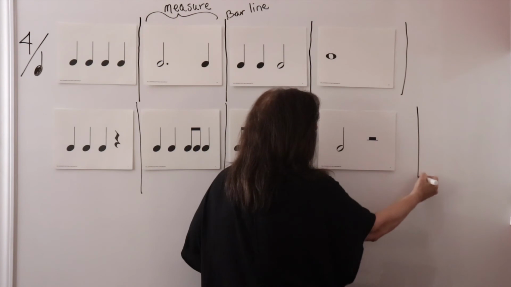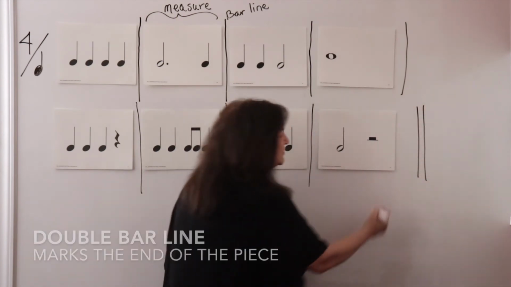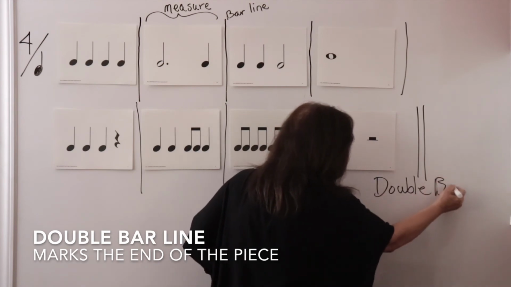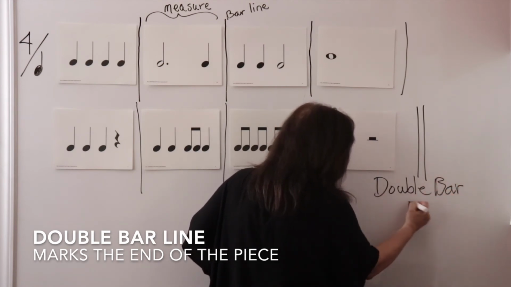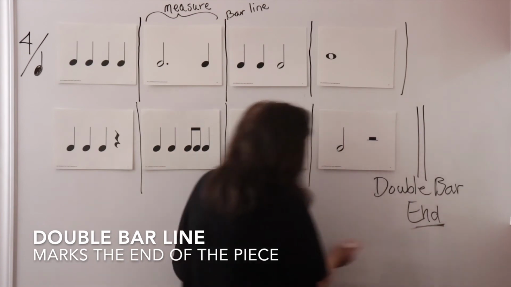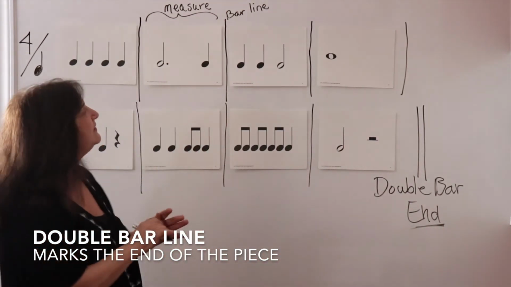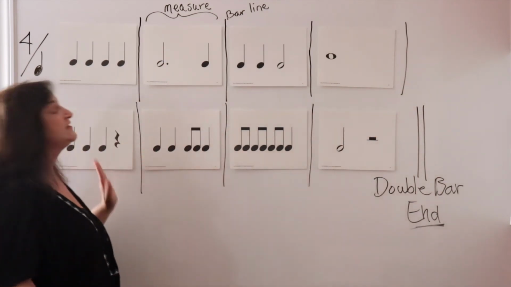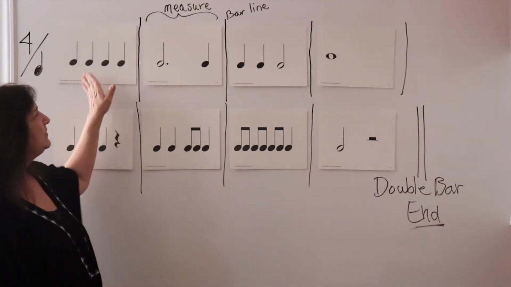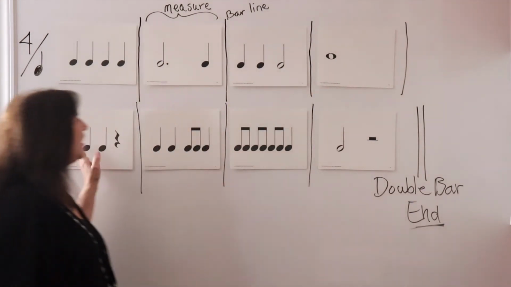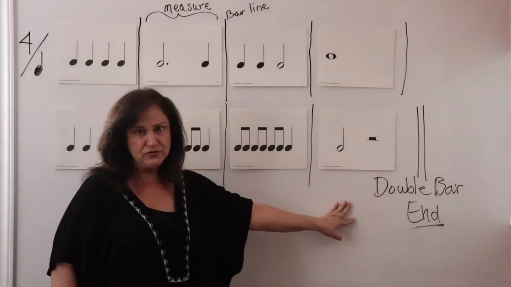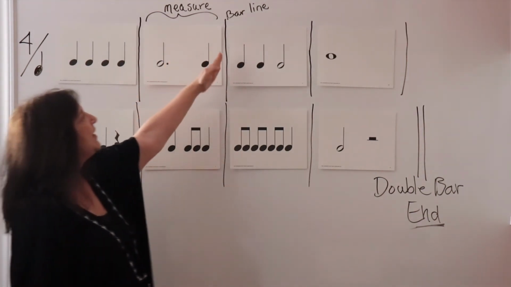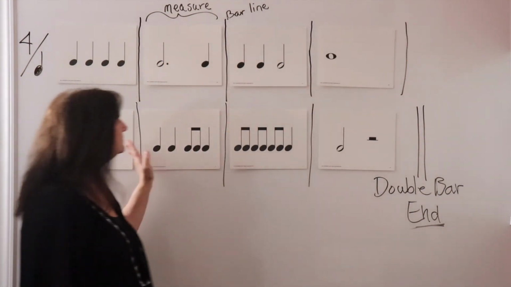I am going to draw 2 lines, which is a double bar. And a double bar means it's the end of the piece. So at the end of this first line, it wasn't a double bar, so we're going to go right on to this next measure. So there's 1, 2, 3, 4, 5, 6, 7, 8 measures, 8 bars, separated by bar lines.